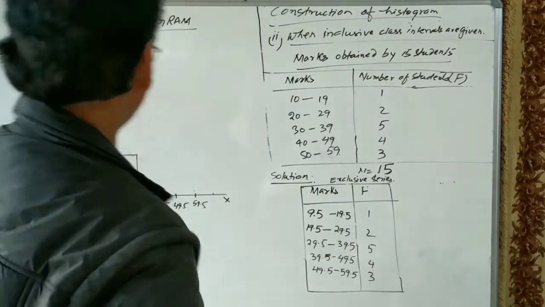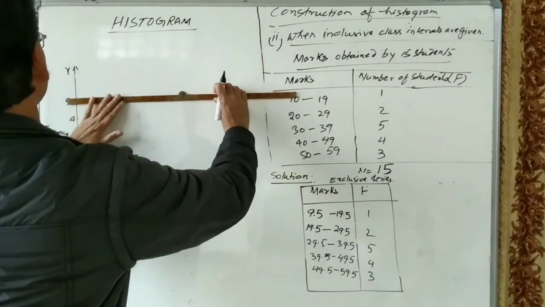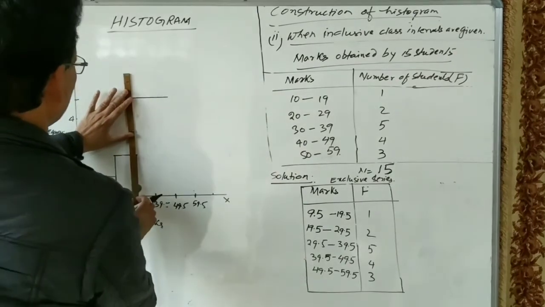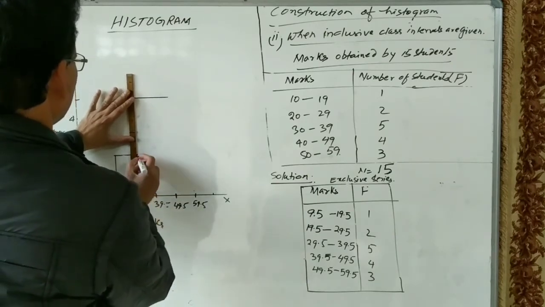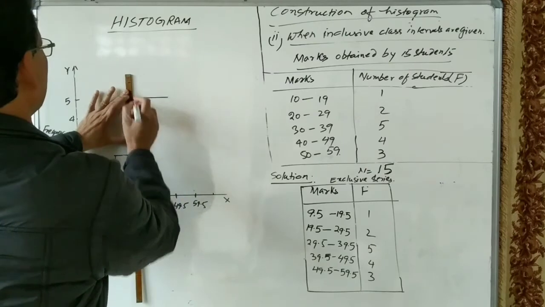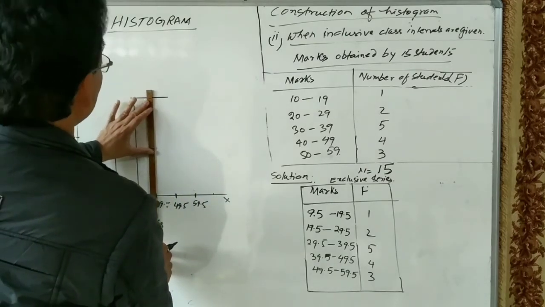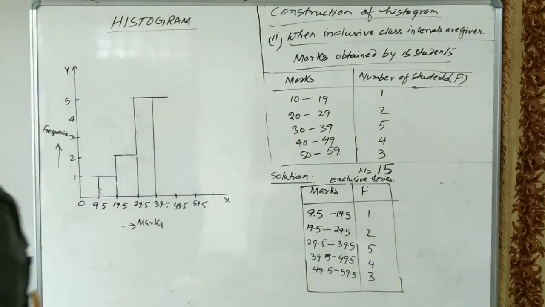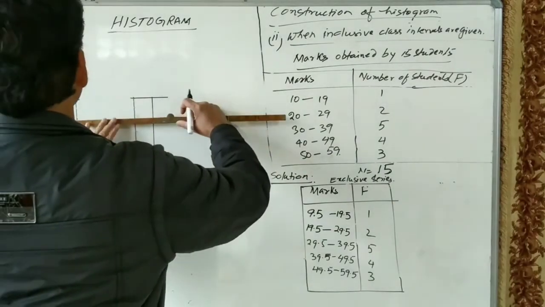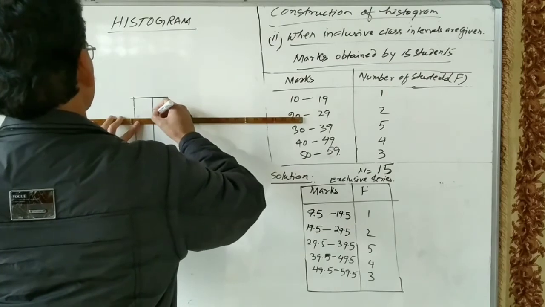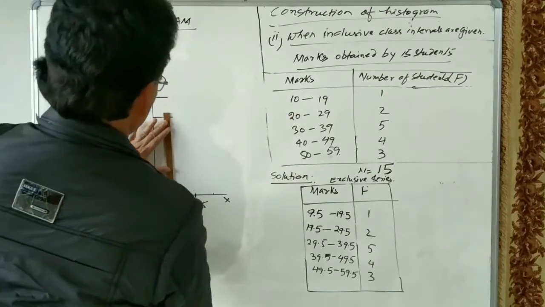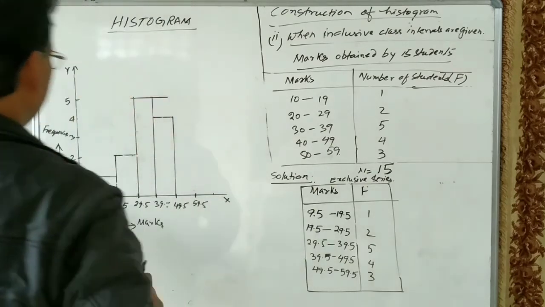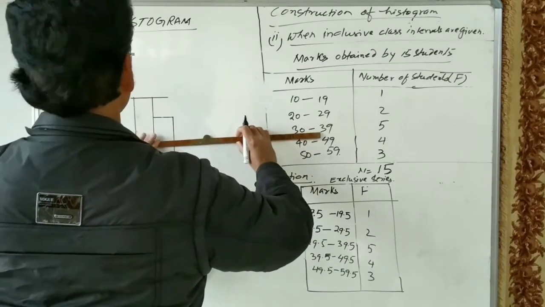Then 5, we go up to 5, so we can join this to 5. Then 4. Then 3.